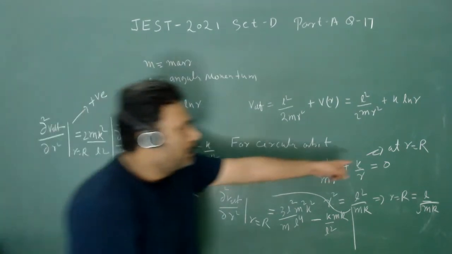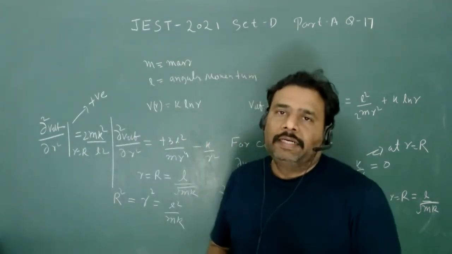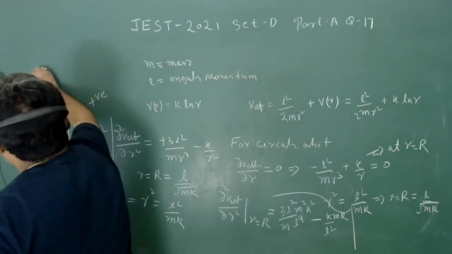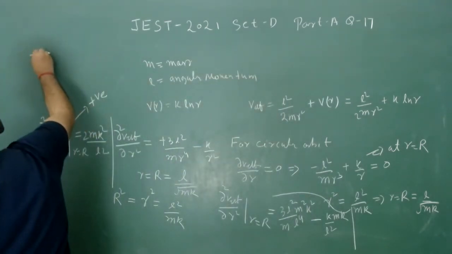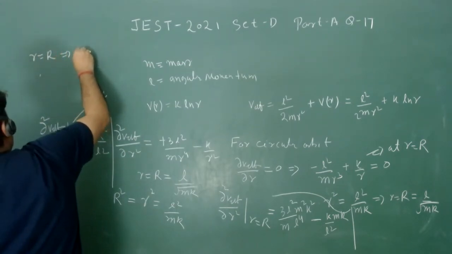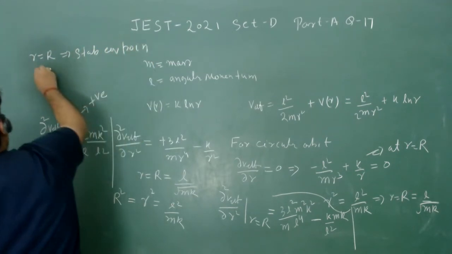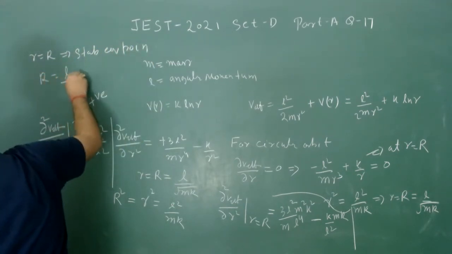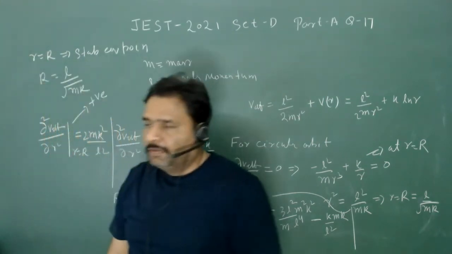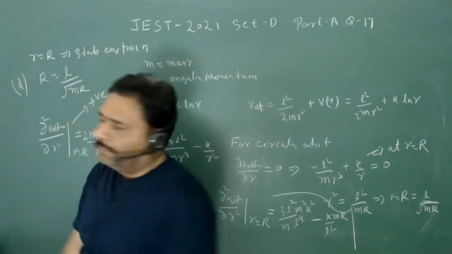So at r equal to capital R it is a minimum, and it is also identified as a stable equilibrium point. In summary, r equal to R is a stable equilibrium point, and the R value is L upon root mk. So this will be the answer, and D is the correct option.